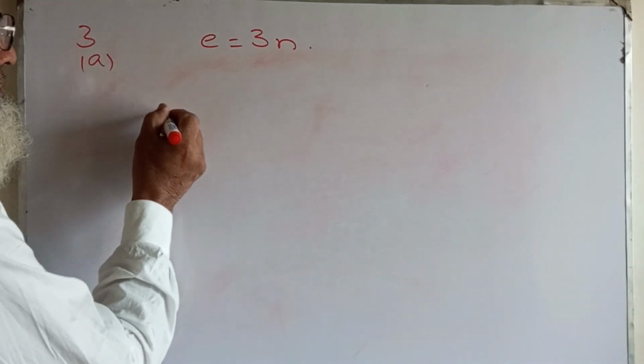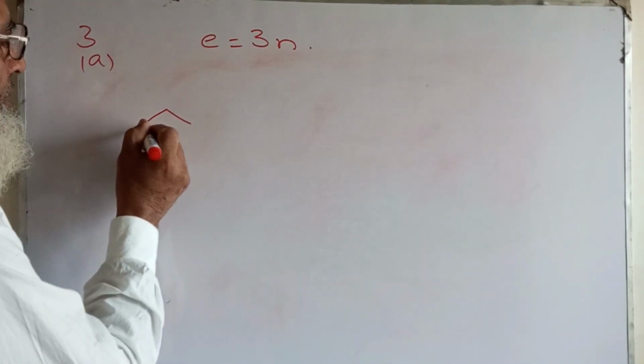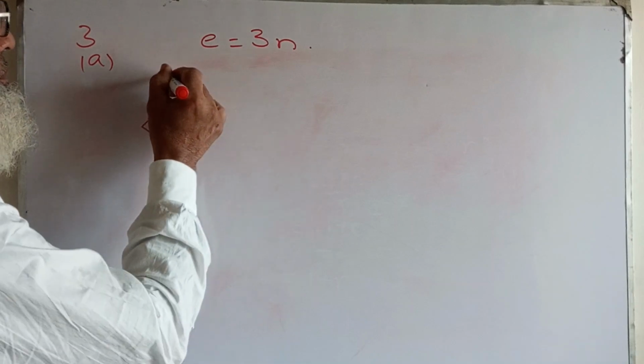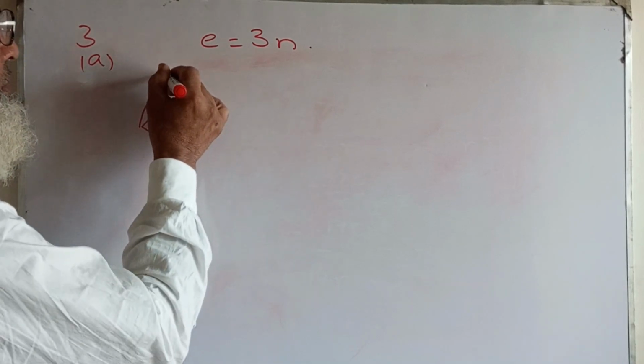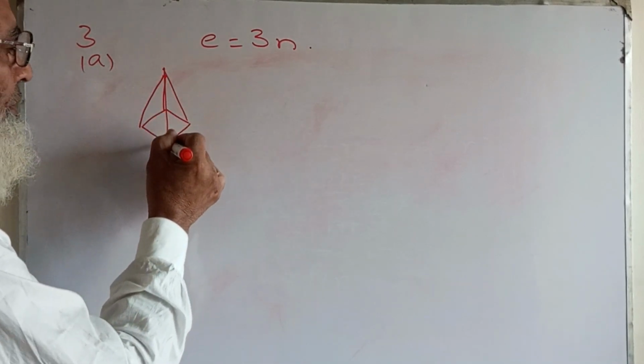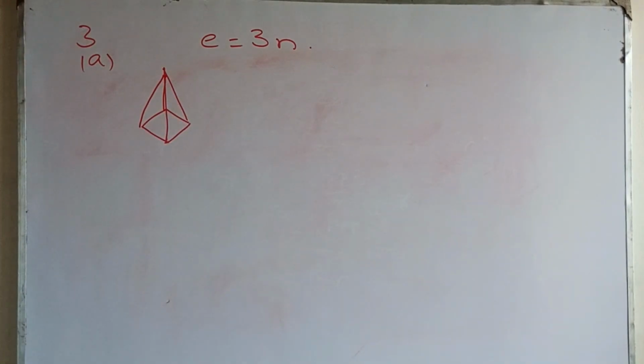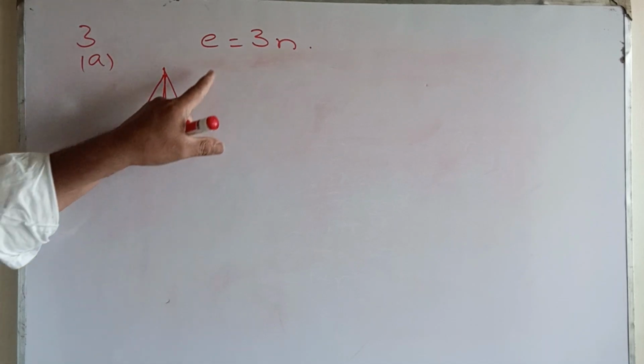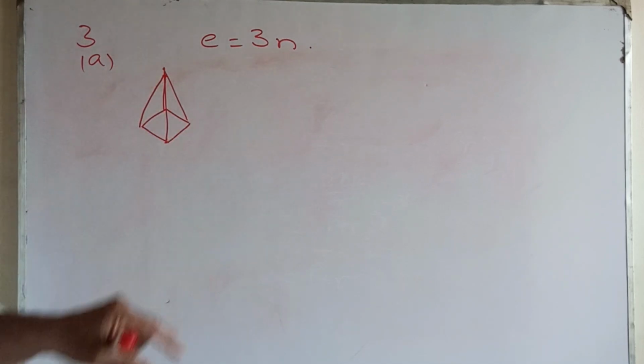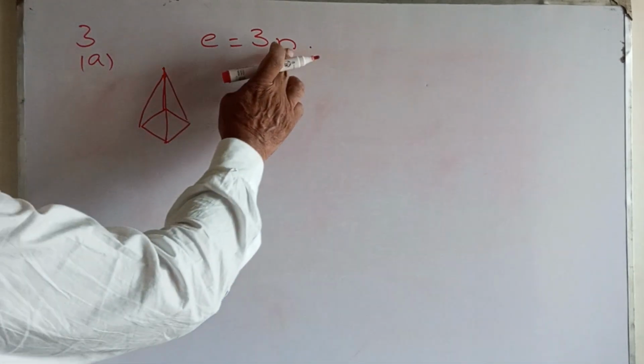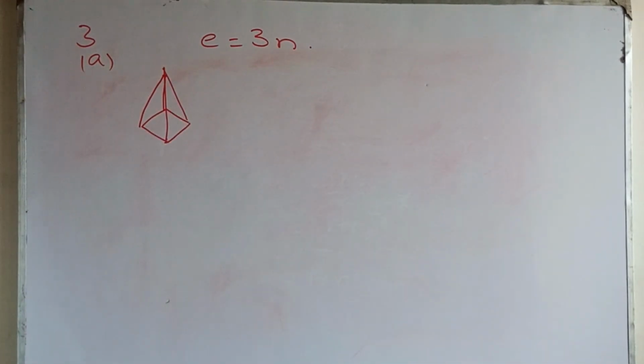For example, we have a square prism. If I could draw it, you see this is a square prism, and thus E is equal to 3n.